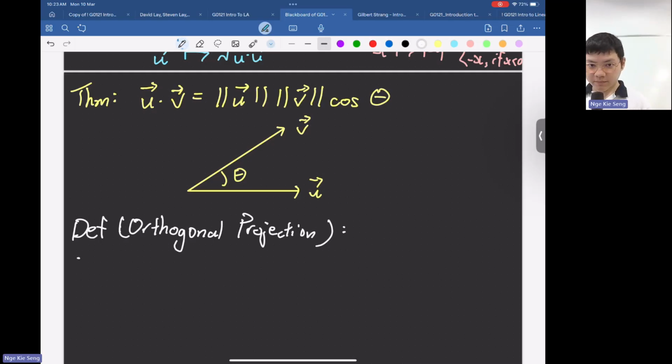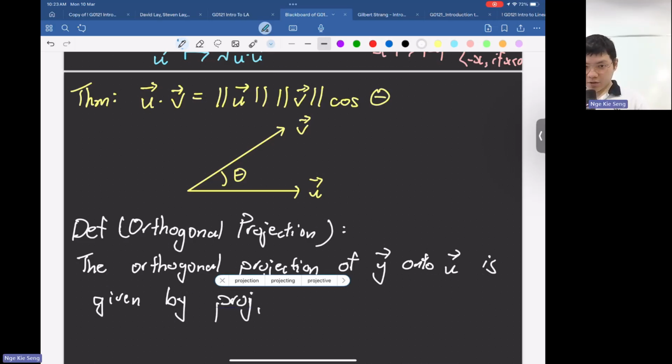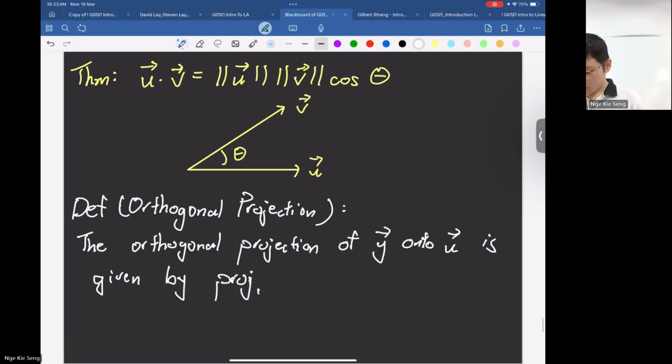The definition is: the orthogonal projection of y onto u is given by the following: proj of y onto u equals y dot u over u dot u times u.